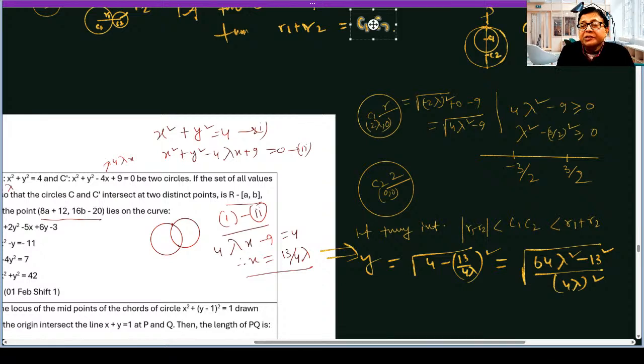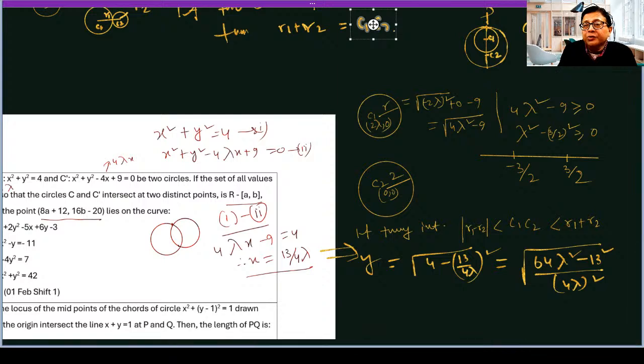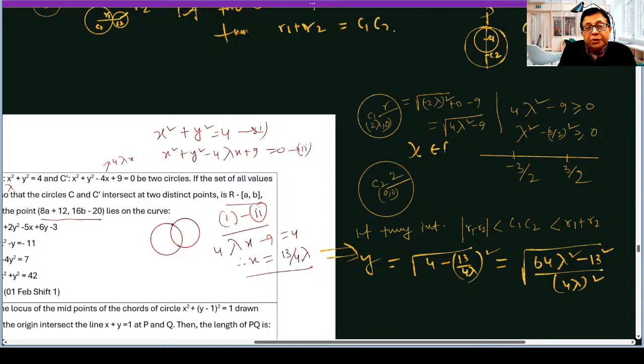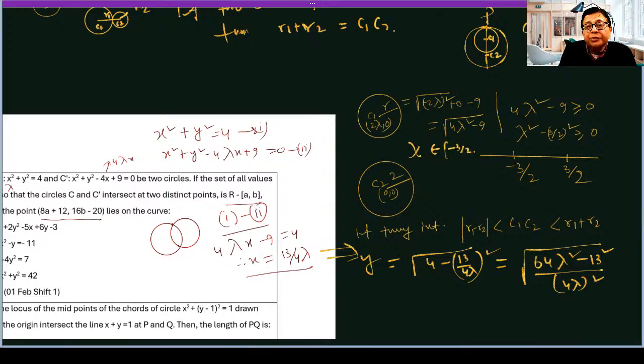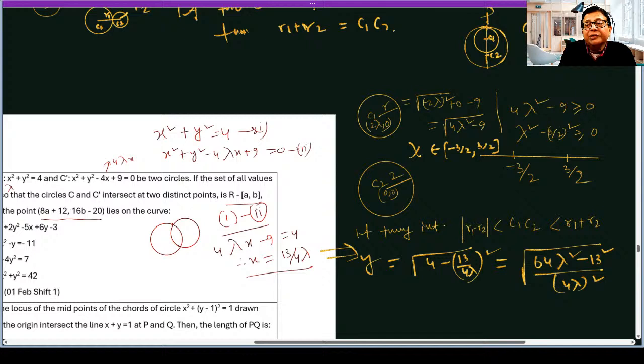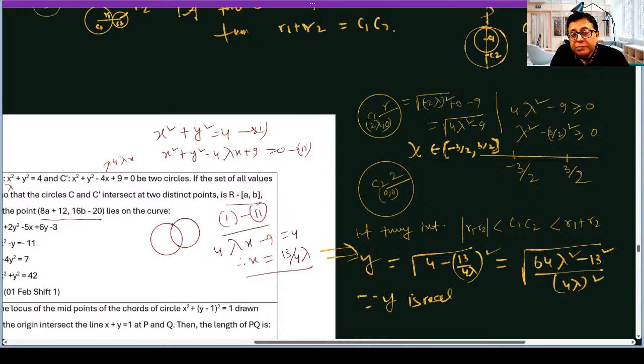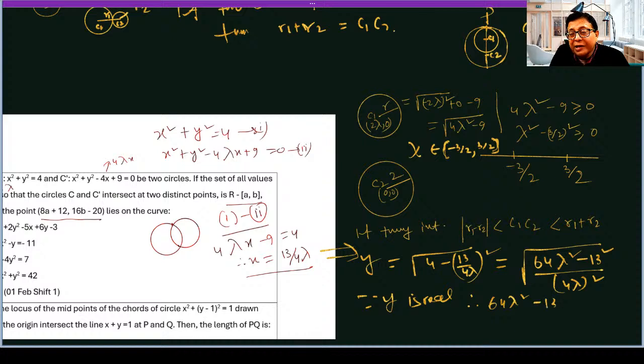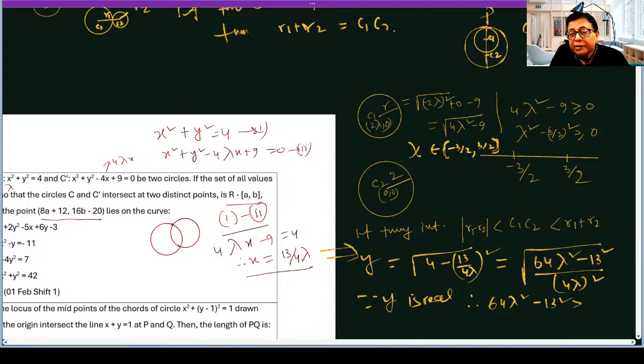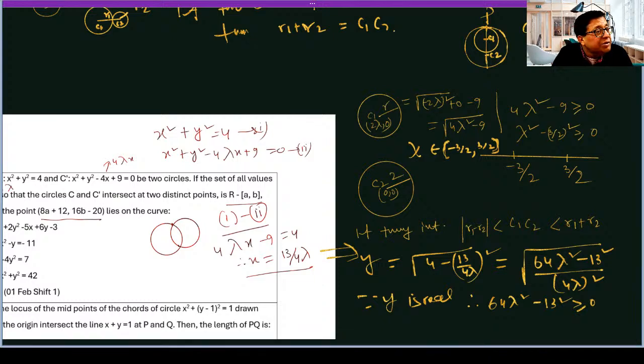So if you are happy with this condition, that lambda does not belong to minus 3 by 2 and 3 by 2, then you are wrong. Because we are expecting another condition here. After this we write, since y is real, therefore 64 lambda square minus 13 square should be greater than equal to 0.